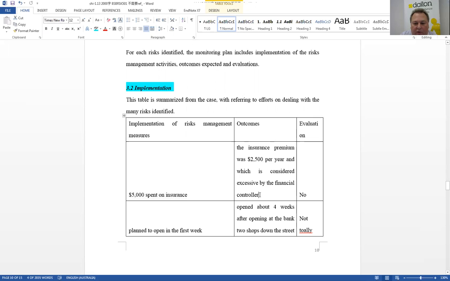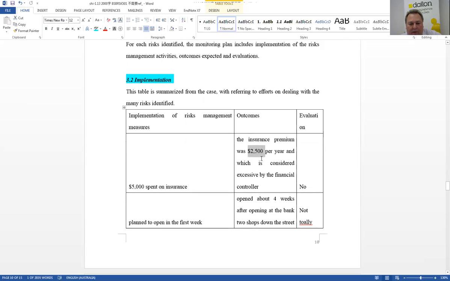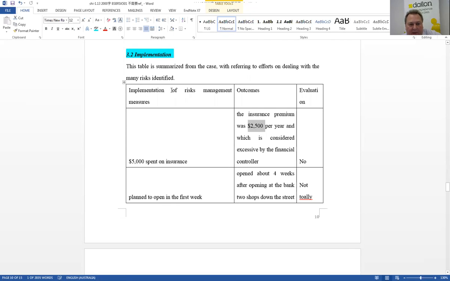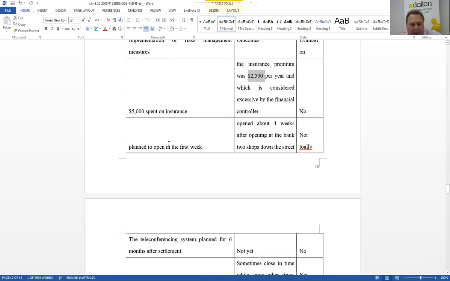So in other words, managing that particular risk did not go according to plan, because another approach was identified, that this amount spent on insurance could even be cheaper, at half the price or half the value.